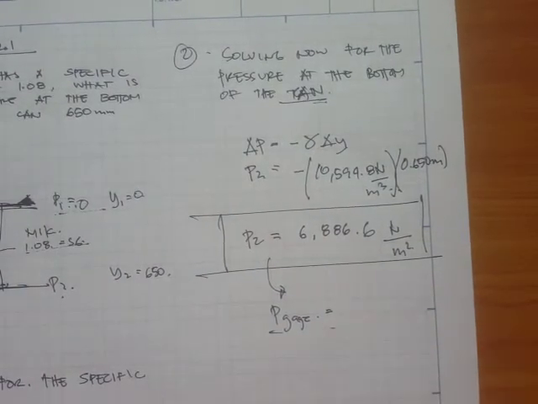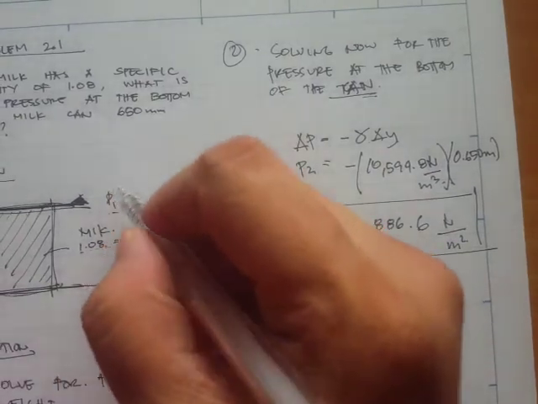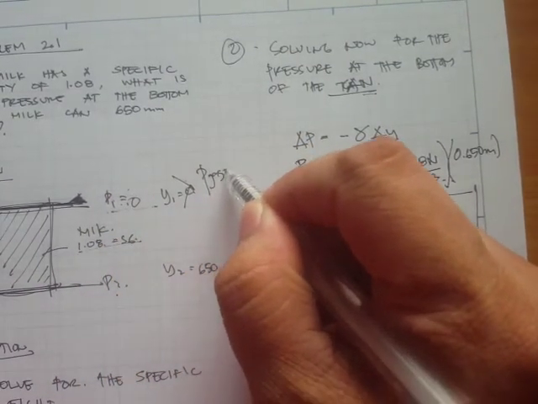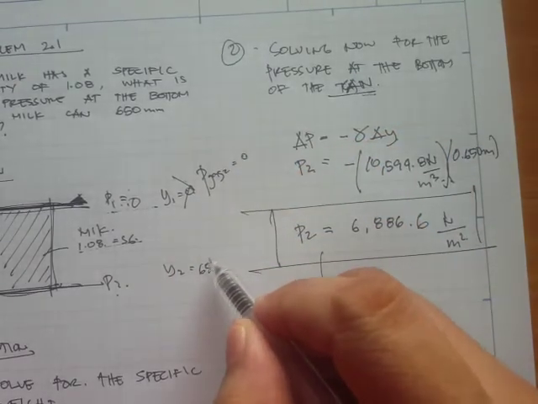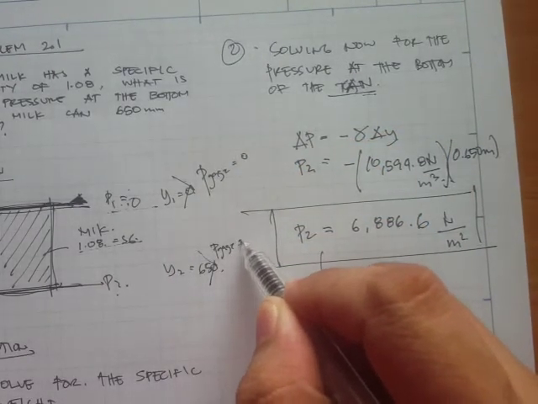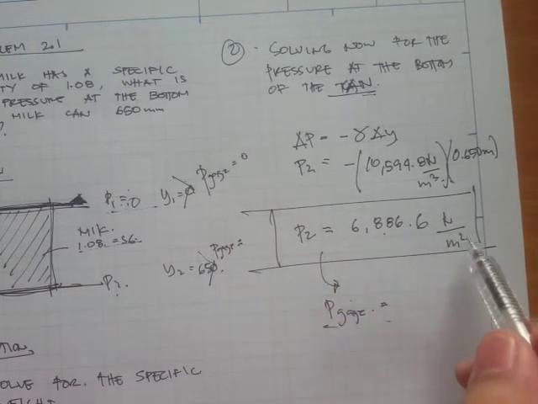Oh no. I guess this should be P gauge, which is just equal to 0, and then this one is another measurement, 6,886.6 Newton per meter squared.